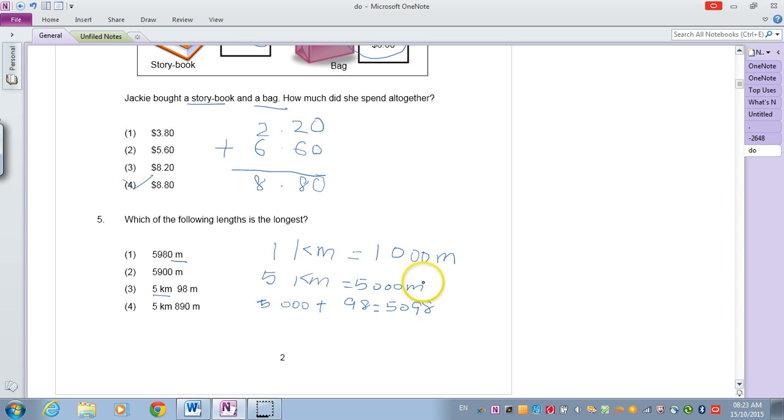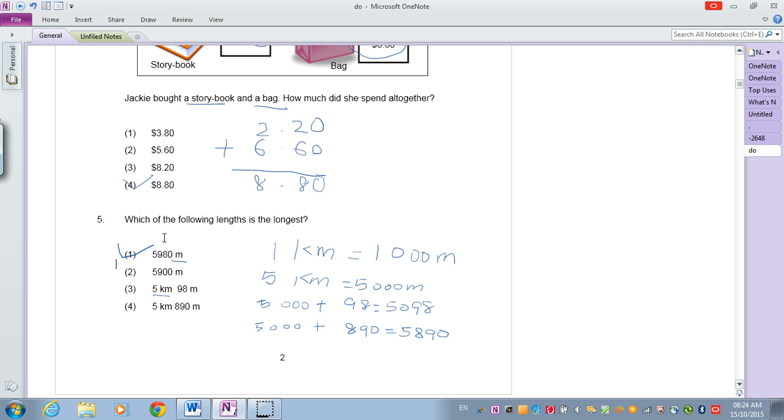Now what about option 4? Option 4 is 5 kilometers 890 meters. That will be 5000 meters plus 890, which gives us 5890. So looking at the 4 options, which one gives us the longest length? And that will be option 1.